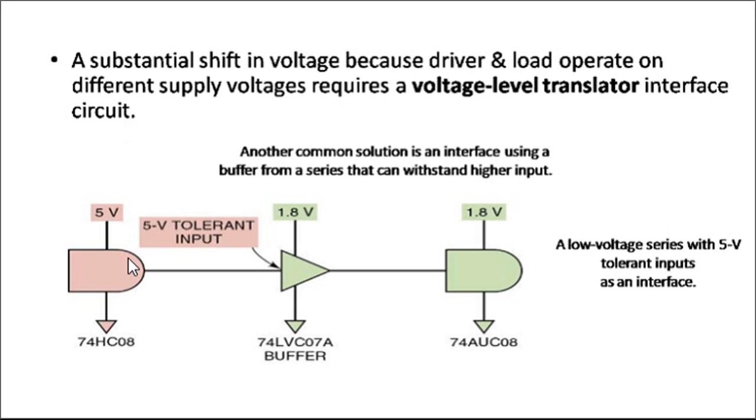Here again there are 5 volt tolerant inputs, and the required supply is given as 5. Another common solution is interfacing using buffers from a low voltage series with 5 volt tolerant inputs, which can withstand higher inputs.